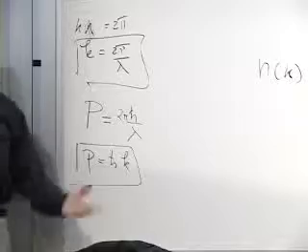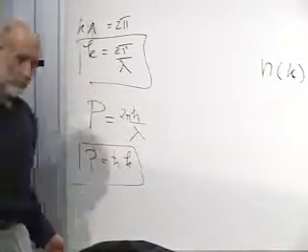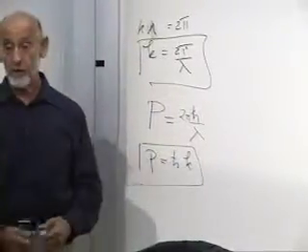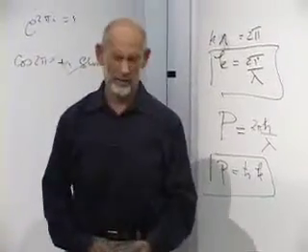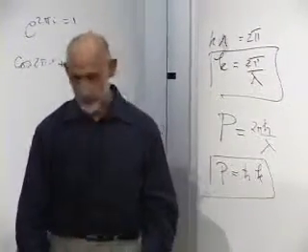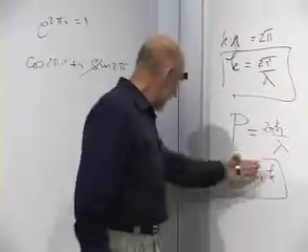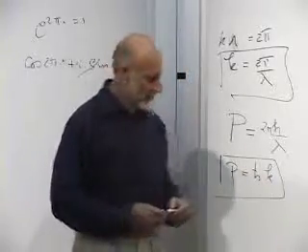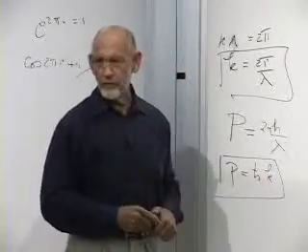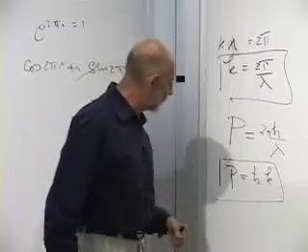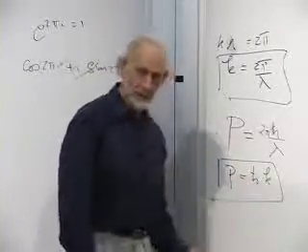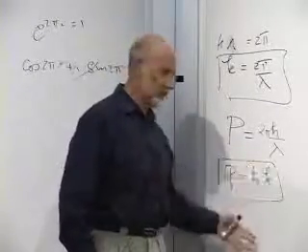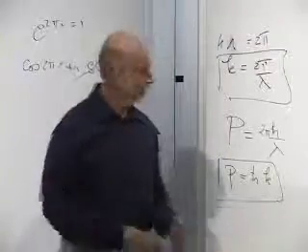Of course, if I'm smart, I choose units in which h bar is equal to 1. And then k and p are the same thing. So we often don't even bother to distinguish between wave number and momentum. We speak of k as the momentum of the particle.